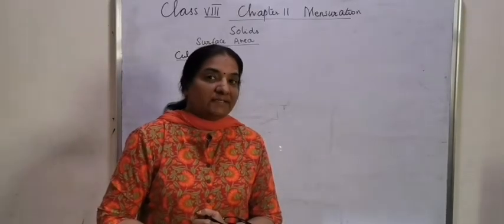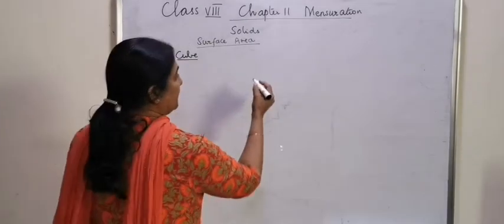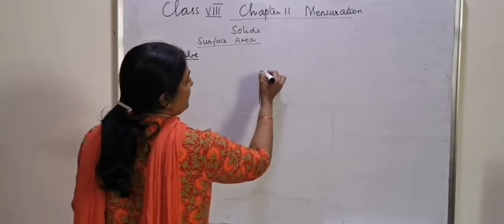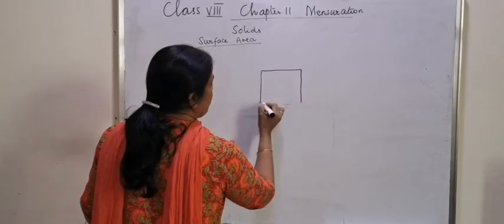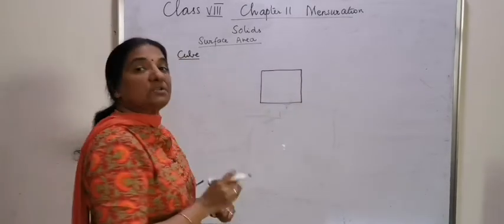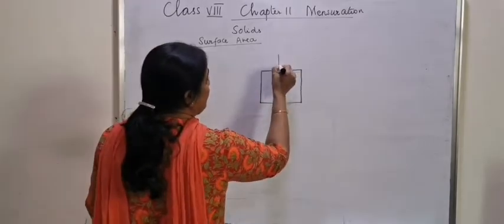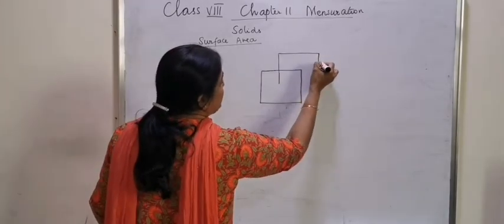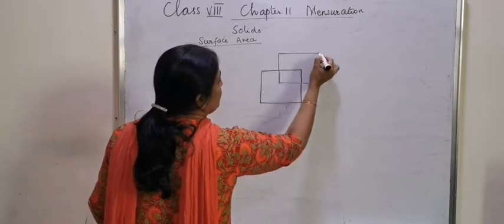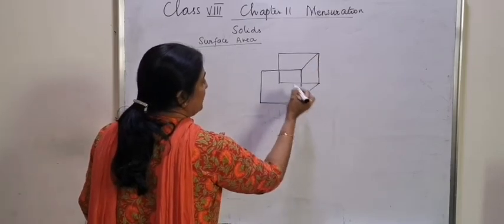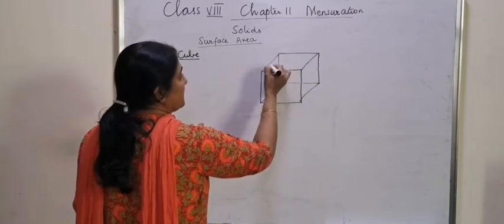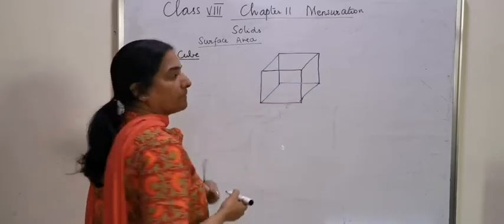The second solid is a cube. How to represent a cube? As it has 6 faces which are all square shaped, you can represent it in this way. If you join the vertices, this will represent a cube.